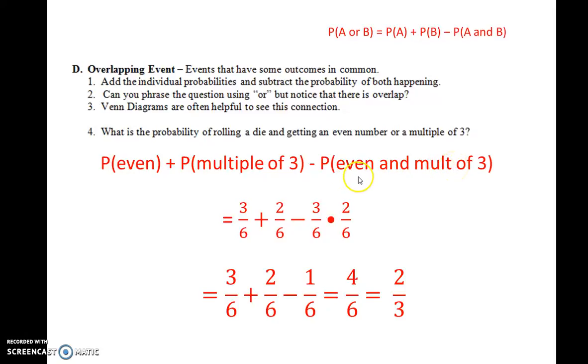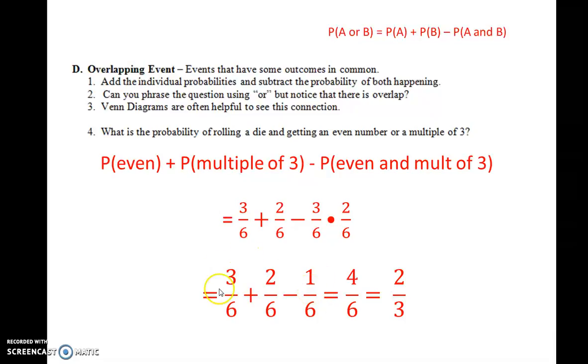And I just want to show you that you get the same answer. Okay, the probability that it's even is 3 out of 6. Probability that it's a multiple of 3 is 2 out of 6. If you multiply those fractions together, you get 6 out of 36, which would reduce to the 1/6 right here. So for complicated questions, setting it up like this might be more beneficial because you won't be able to get to this simple fraction right away.